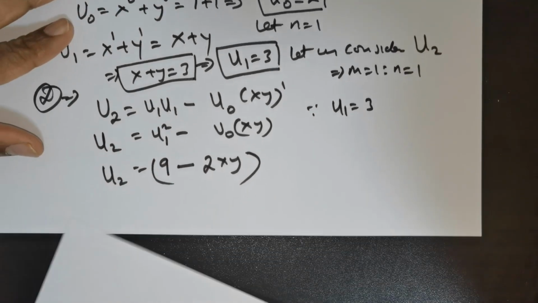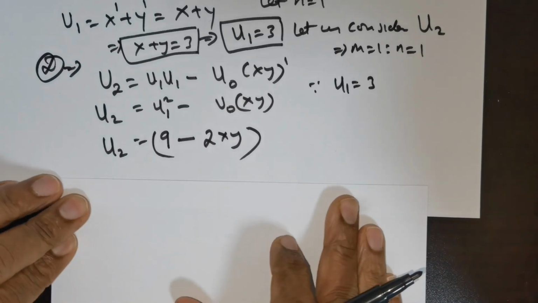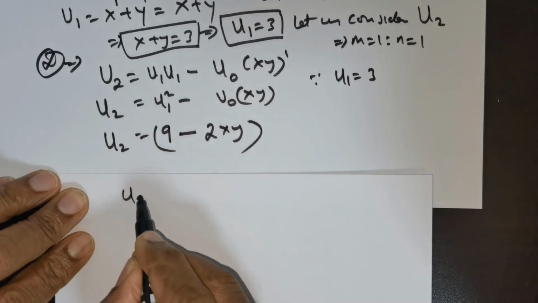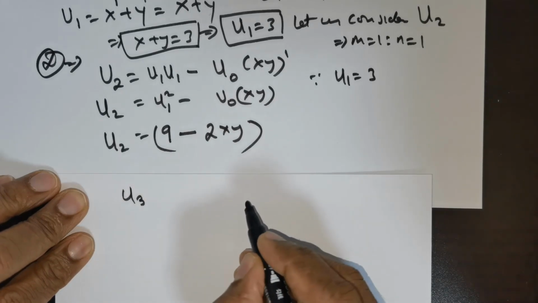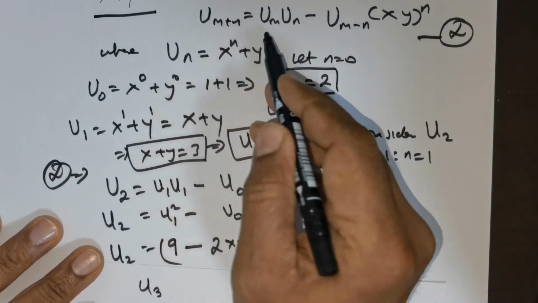Now I have got this, so let me use it in this fashion. Okay, u_2 is got. Now let me go to u_3. For u_3, I need to write the given system in the following fashion.